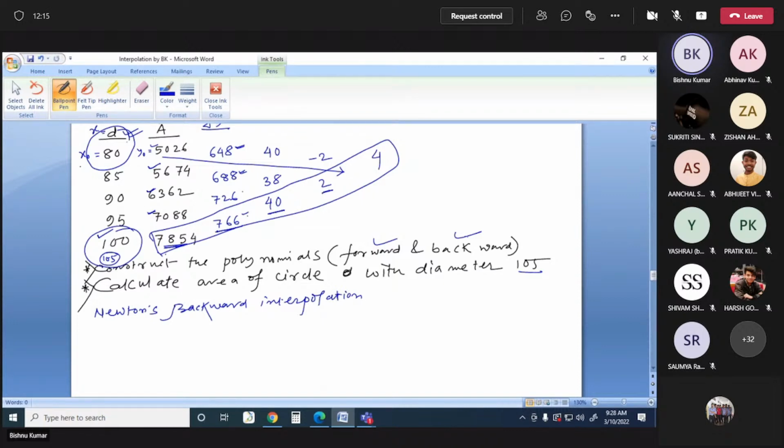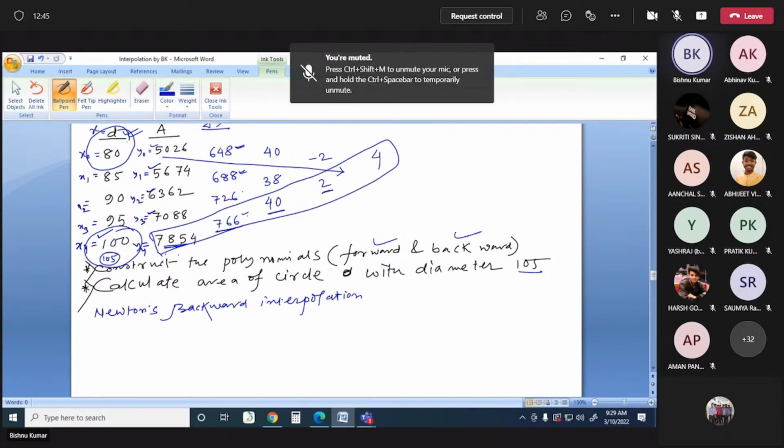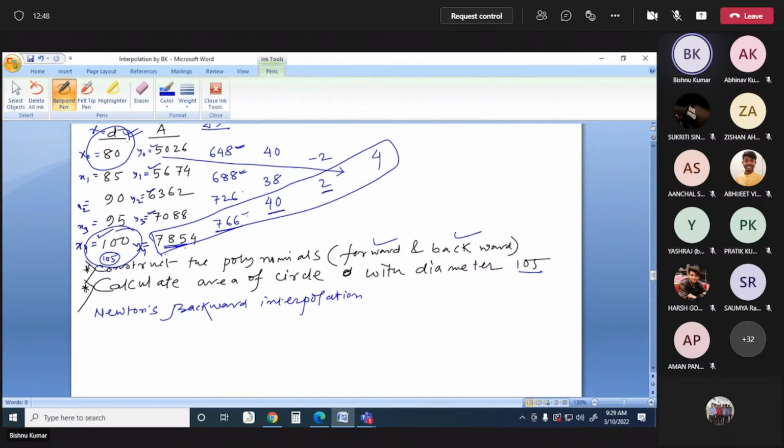Basically this is x0, x1, x2, x3, and x4, and the corresponding y values are y0 to y4. So yn is nothing but y4, and grade yn is nothing but grade y4. Is it clear? y4 is the last value here, so n is 4 here.